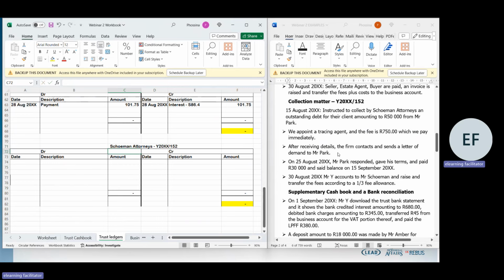Yeah, 152, and we are receiving, so 25 August 20XX.